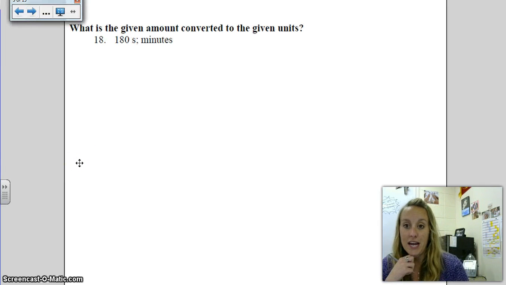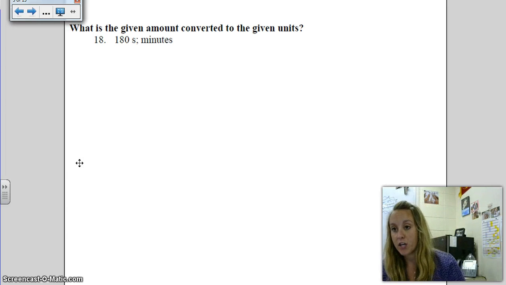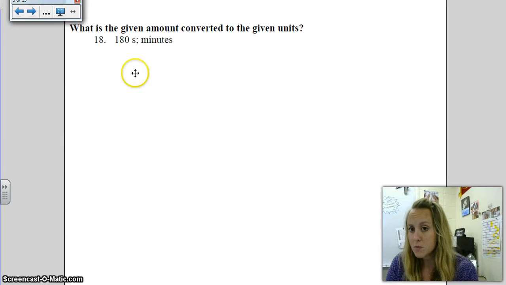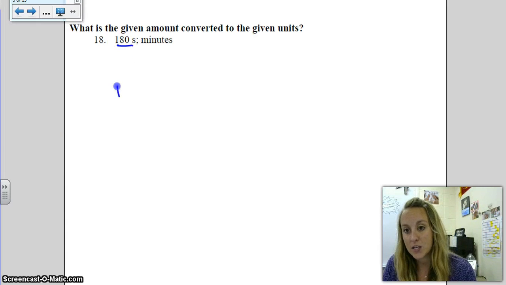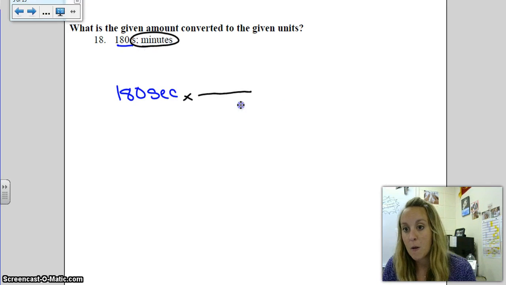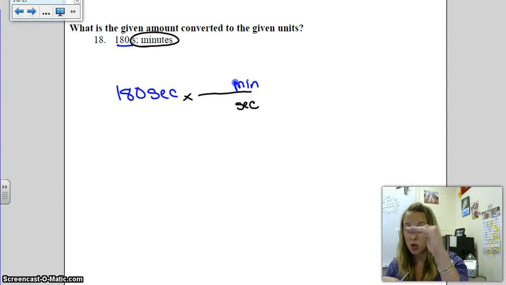Okay, so here on number 18, what is the given amount converted to the given units. So we start with what's given. S is representing seconds. So we have 180 seconds times, well, what are we trying to get seconds to? Minutes. So I have to put seconds on bottom and minutes on top so that my seconds, if it's a numerator and denominator, they can cancel out.